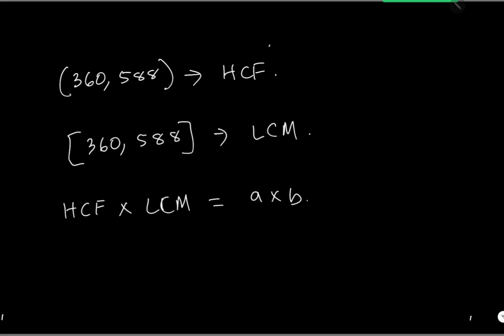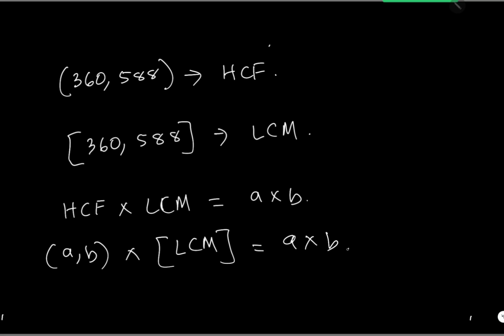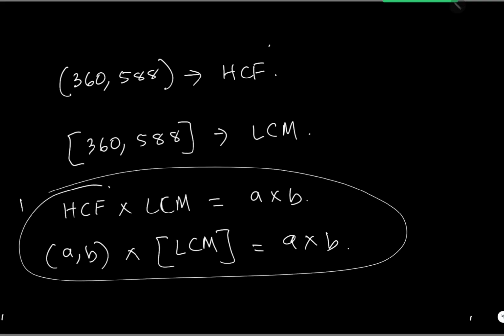Suppose the two numbers are A and B, then the HCF of A and B times the LCM of A and B will be equal to the product of the two numbers. This is one identity that will come very handy while solving the questions.